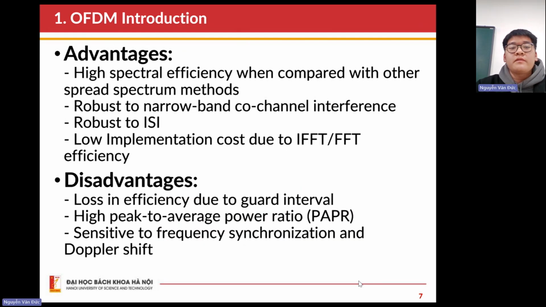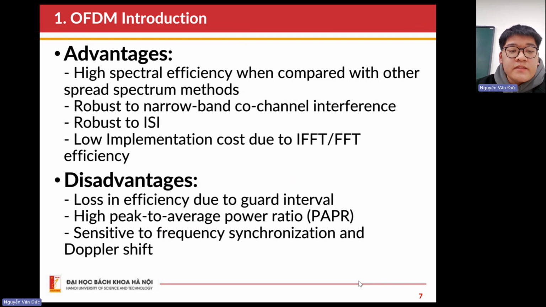About OFDM pros and cons, about its advantages, OFDM has high spectral efficiency when compared with other spread spectrum methods, is robust to narrowband co-channel interference, and is also robust to ISI, which I mentioned before. It also has low implementation cost due to IFFT and FFT, which are inverse fast Fourier transform and fast Fourier transform efficiencies.